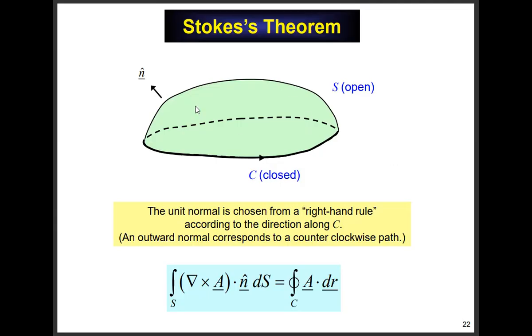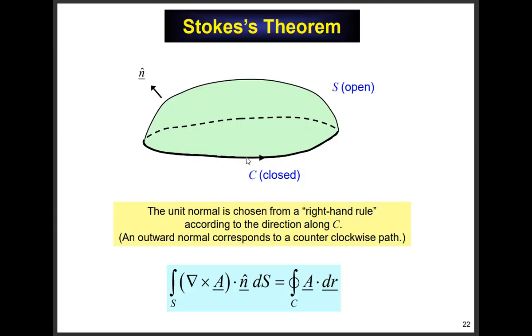Here's again the normal. If you think about it for just a second, maybe you'll agree that any bowl shape or open surface has to end on something we can call a closed contour C. The rim of the bowl is a contour, and it forms a closed path: go back to where you start.